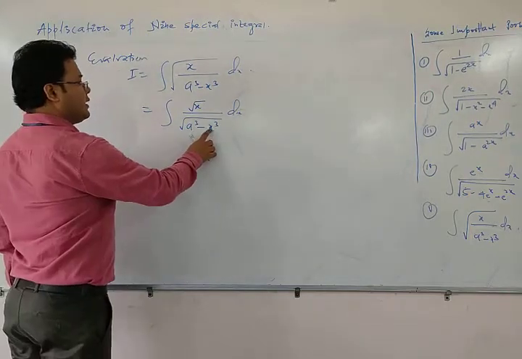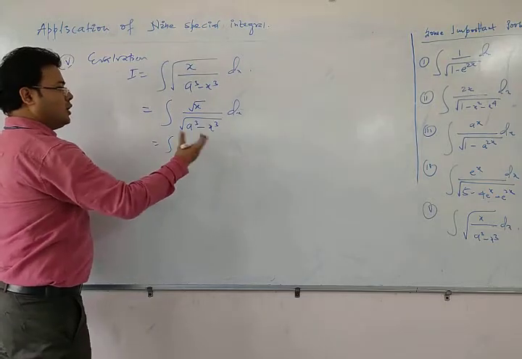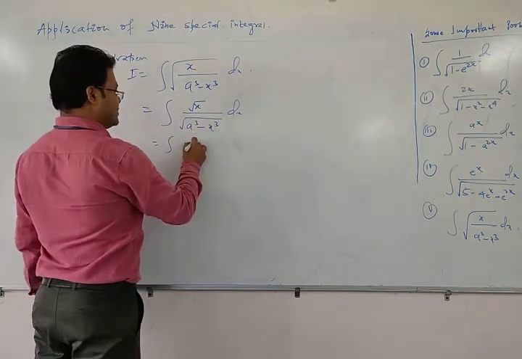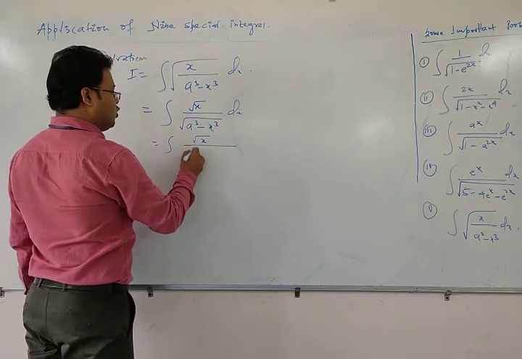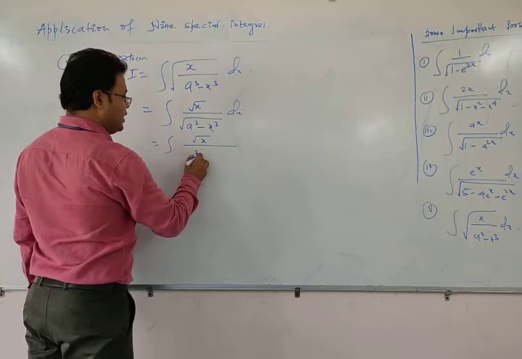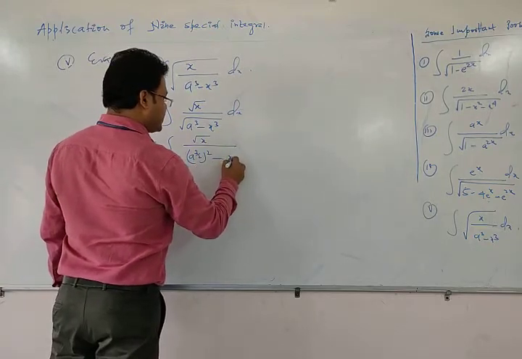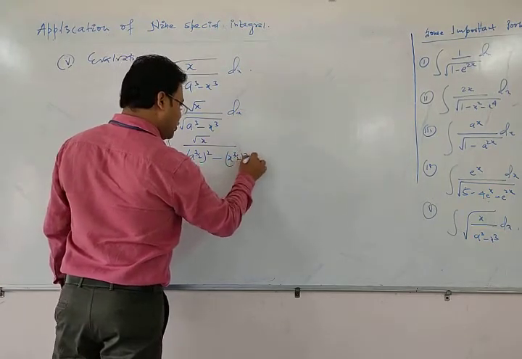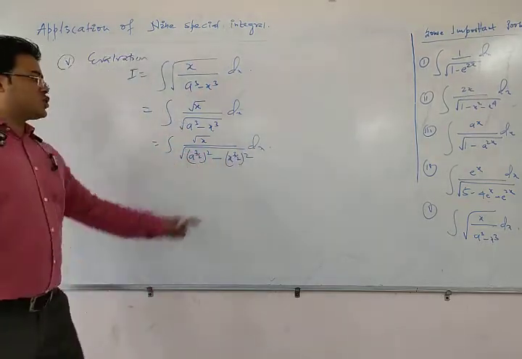Because we have to take this expression as a quadratic expression, we have to write it like this. You can see here, in place of a cube you can write a to the power 3 by 2 whole square. Likewise you can write x to the power 3 by 2 whole square, and this is the square root of this.